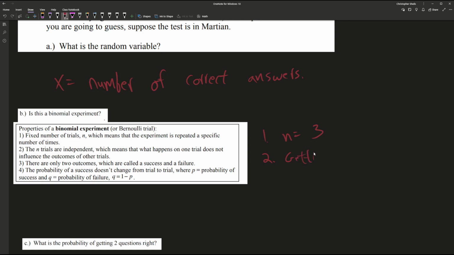Getting one question right has no effect on getting the others right. I think it should be this one, right?